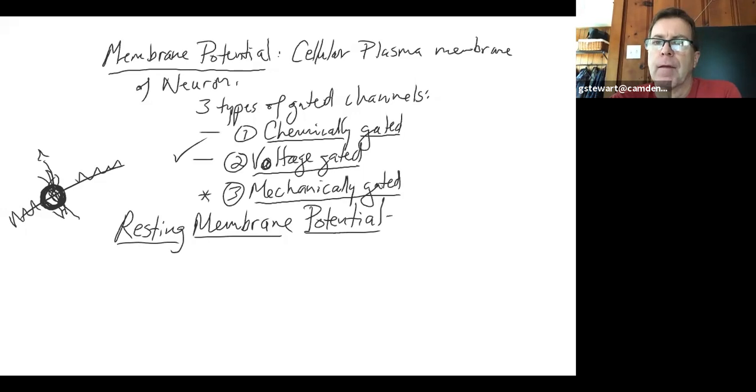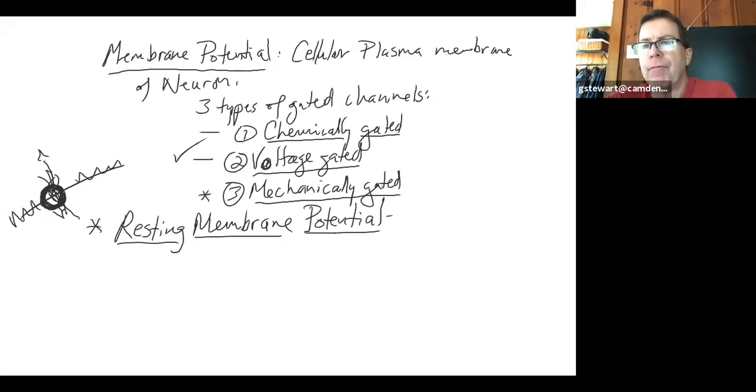Technically, this resting membrane potential, what that means is when a cell is at rest, it's not doing anything, it refers to the difference in ionic potential across the membrane of the cell.